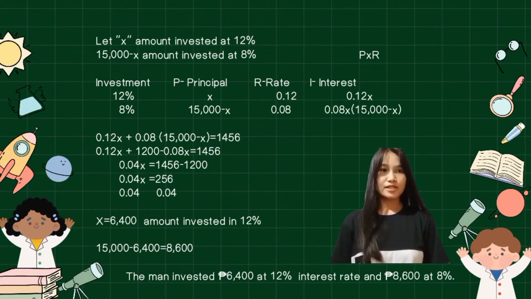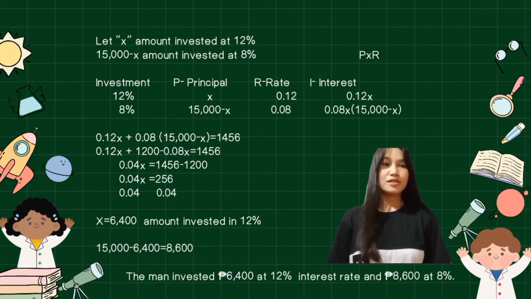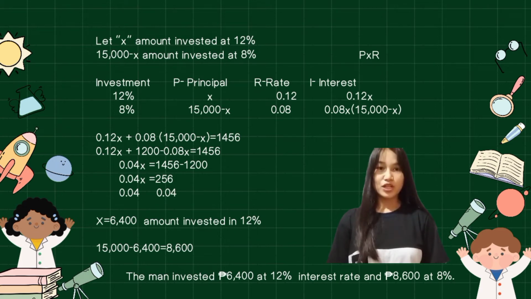So let x be the amount invested at 12% and 15,000 minus x the amount invested at 8%. So we have our investments here, 12% and 8%. The principal of 12% is x and the principal of 8% is 15,000 minus x. So the rate, how to get the rate? We're going to change the percentage into decimal.